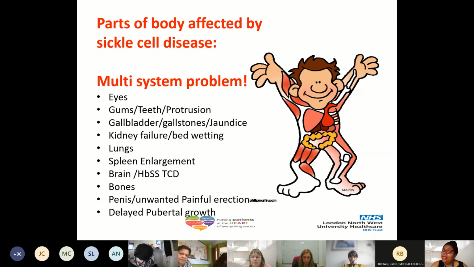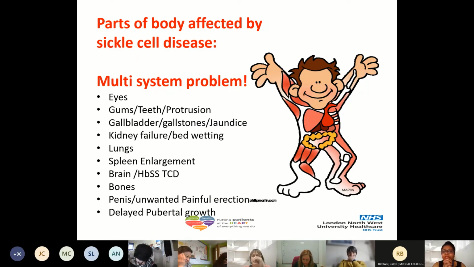Right, let's start off with the eyes. It's really important that children attend their hospital appointments to see the haematology consultant and report any abnormalities. We encourage parents to let us know what's going on when they're at home, if there are any problems with the eyes, visual disturbance, anything like that.